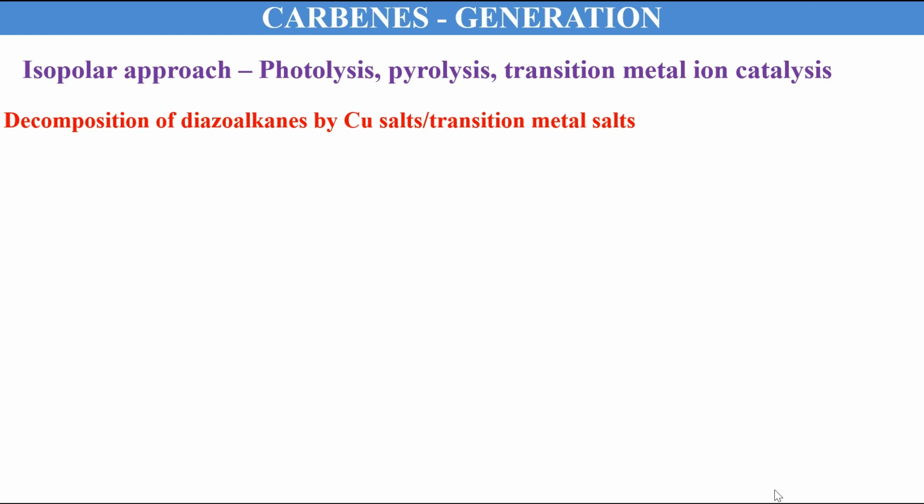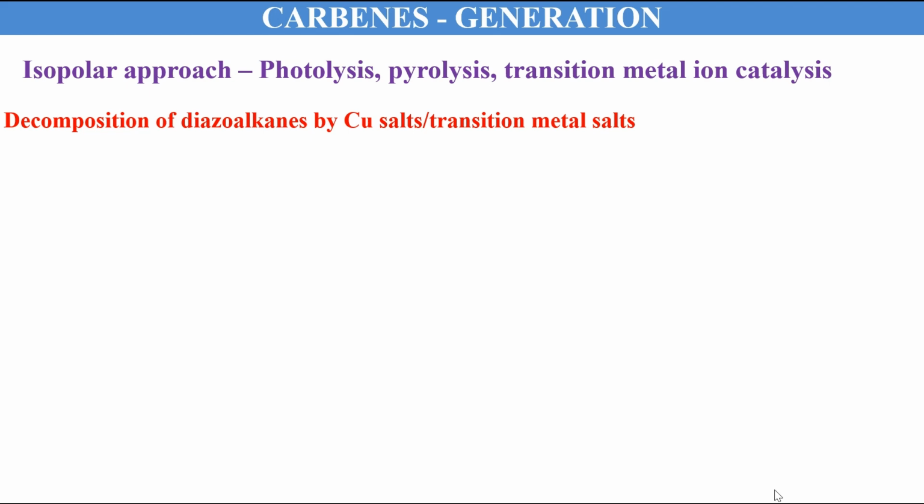The breakage by using heat energy is pyrolysis. Instead of photolysis and pyrolysis, we can also use transition metal ions as catalysts, and this comes under the category of transition metal ion catalysis. By using transition metals as catalysts, we can carry out the production of carbenes.